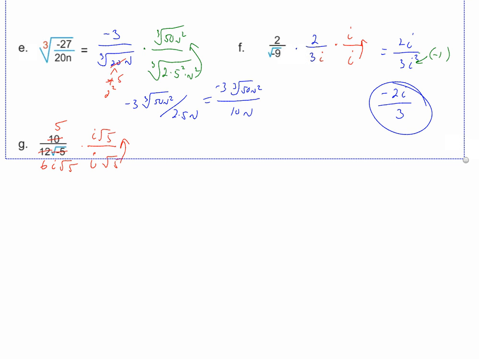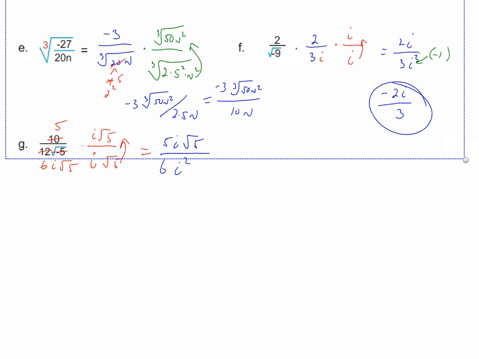Whatever you do at the bottom, do the same thing at the top. Now this thing's going to end up with another 5 on the bottom that will reduce with the 5 on the top. Do you agree? So the top, right, is 5i times the square root of 5. That's pretty straightforward. You still have the 6 on the bottom.